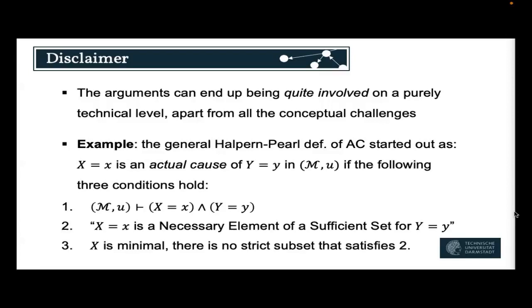So there can be no strict subset of X, X could be multiple variables here, right? So this is just set notation here. I have not highlighted it in any way, right? But this could be multiple things. And that thing is minimal. So there's no strict subset which would satisfy the second condition.